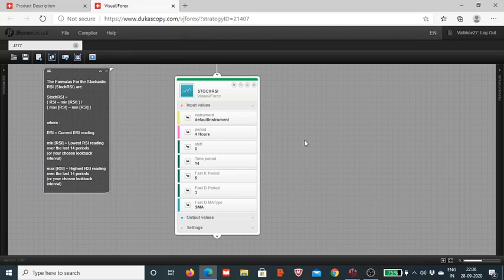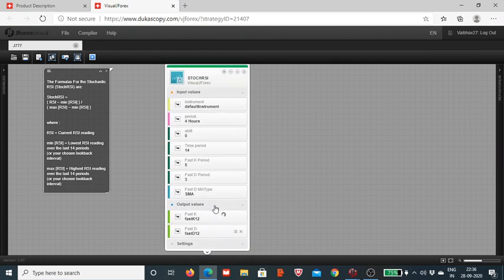You can define that using the shift look back period values and then taking the output values and putting them in the if block, and you will be able to do the comparison very easily.